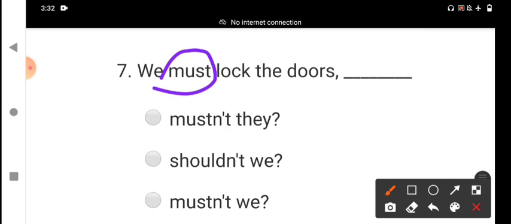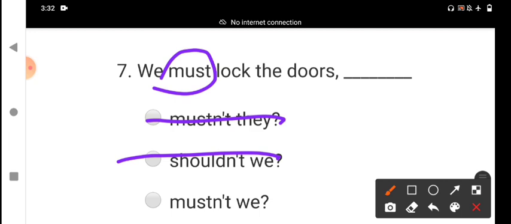We must lock the doors is a positive statement. The tag is a negative tag, so we should select the negative tag. Must is a modal verb. We eliminate the shouldn't option. Next, mustn't they. Here they is not right; we is the pronoun, and the same pronoun is repeated. We never select another pronoun.